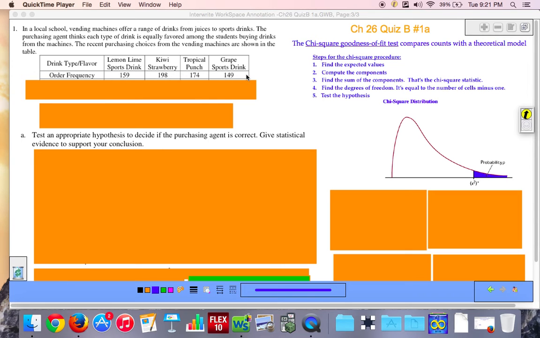There were 159 lemon lime sports drinks recently purchased, 198 kiwi strawberry juice drinks, 174 tropical punch drinks, and 149 grape sports drinks. That gives us a total of 680 recently purchased drinks.